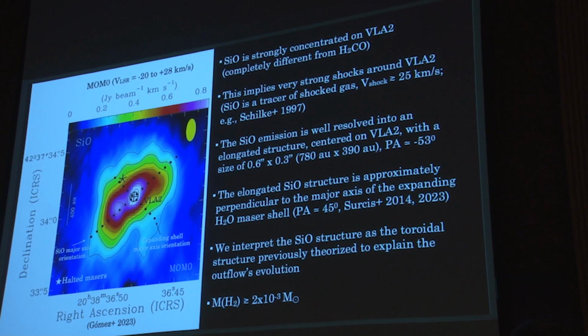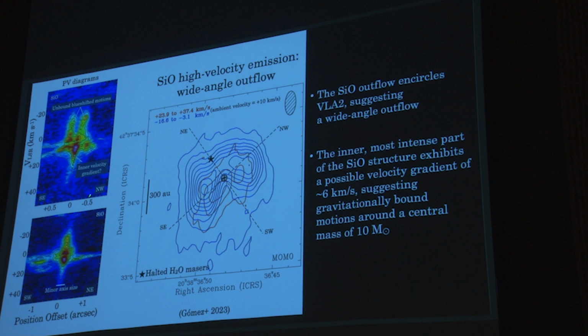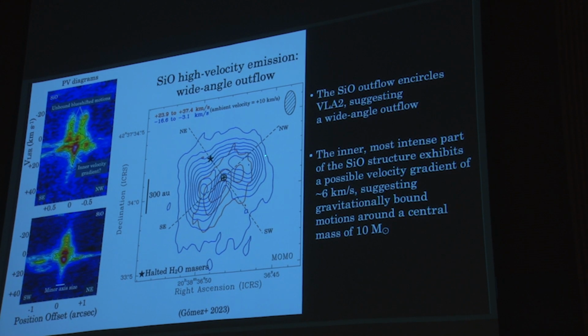With respect to the kinematics, it is also very interesting. This is a position-velocity diagram along the major axis of the elongated SiO structure. The most interesting thing comes from these two components at very high velocities, very high blueshifted velocities, at both sides of the main emission of the SiO.